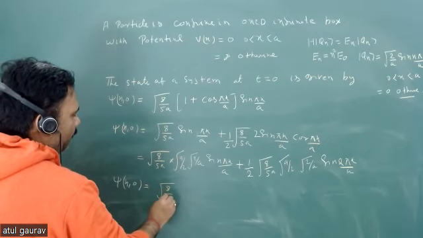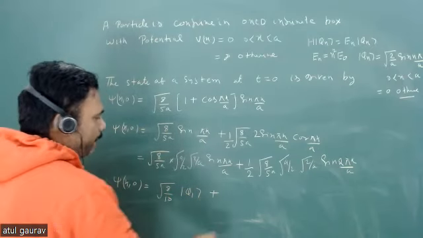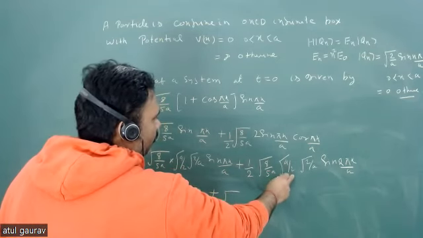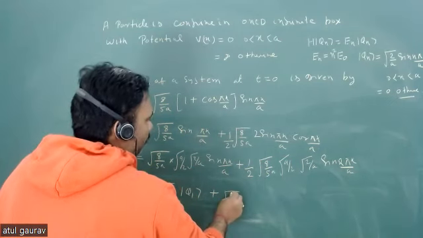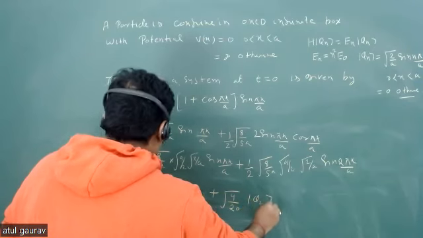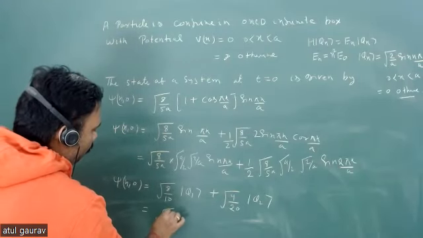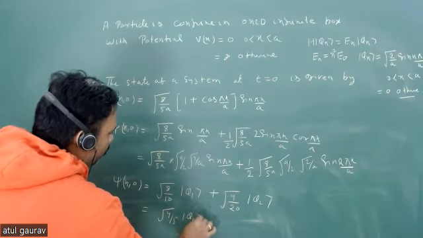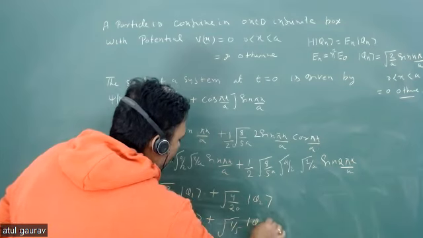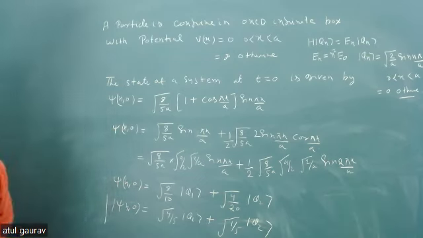So you have 8 upon 10 phi 1 plus the next term, this a and a is cancelled, this 4 is gone, so you have 4 upon 20 phi 2. Am I correct? So this will be 4 upon 5 phi 1 plus 1 upon 5 phi 2. So I have written it in a basis of energy eigenstate.